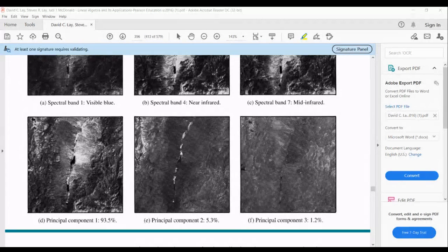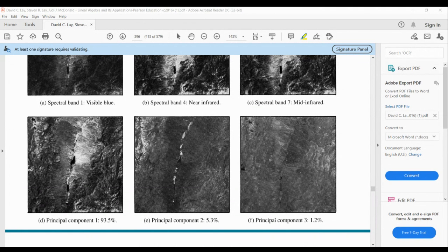So for instance, in D, that principal component has 93.5%. That means that 93.5% of the variance present in the data is explained in that picture.